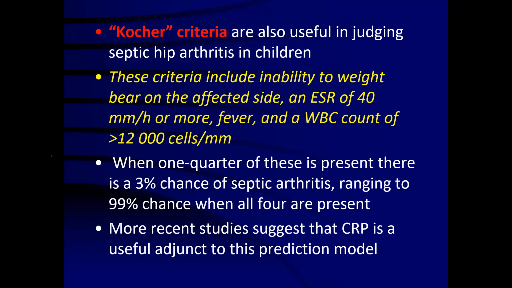When only one of these four is present, either fever, or an elevated sedimentation rate, or white blood count, then the chance of septic arthritis existing would be only 3%.